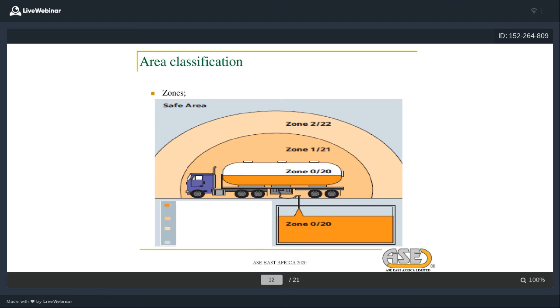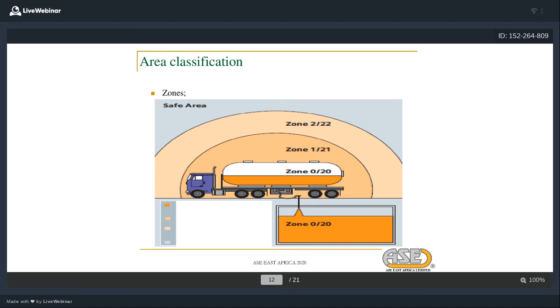And if, say here, in this tanker, we have vents moving away from the substance or flammable materials, around these vents, we call them zone 1. So zone 1 can be defined as the area where explosive material is likely to be present under normal operating conditions.